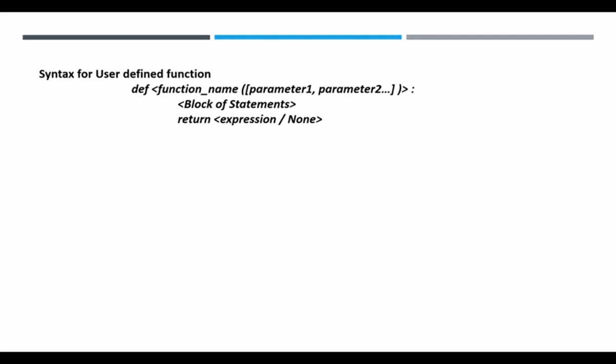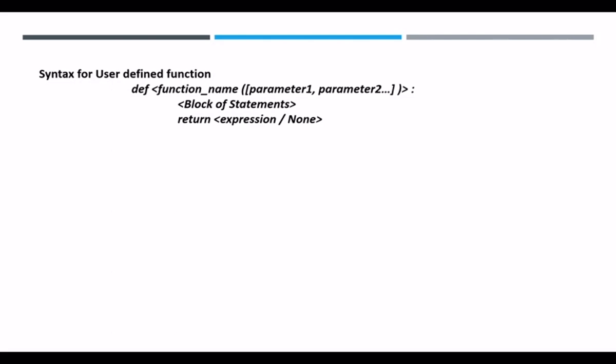So we have to use the keyword def, then, after a space, you have to give a function name, and within the parentheses you have to give the parameters or arguments, and at the end there will be a colon. Only after the colon there will be some indenting. Indenting means a tab.